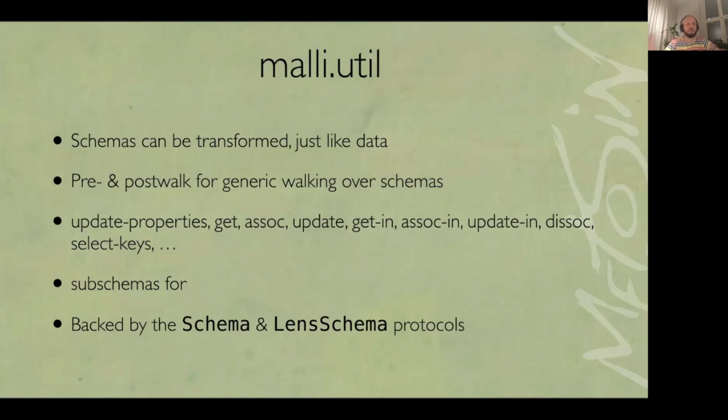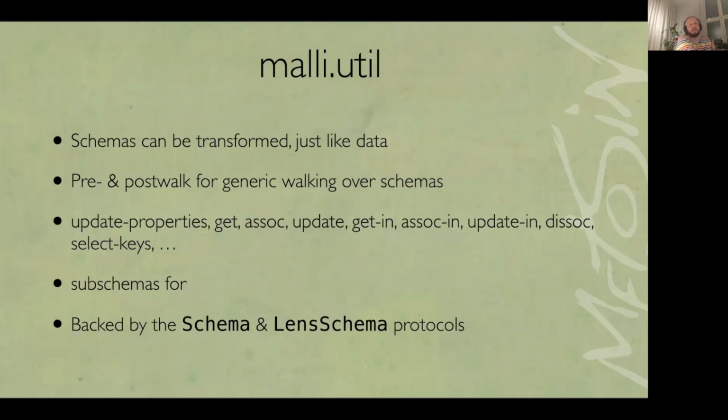There's pre-walk and post-walk. You can walk recursively over them and use this visitor pattern to accept the nodes and do something with them. Then there's update properties, get, assoc, update, all the core functions in this Malli util namespace, which takes these schema instances and works on them.